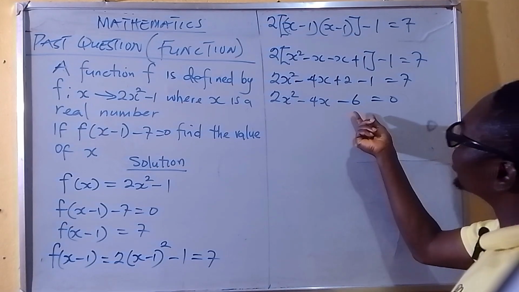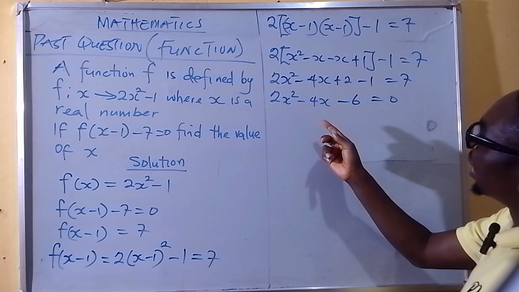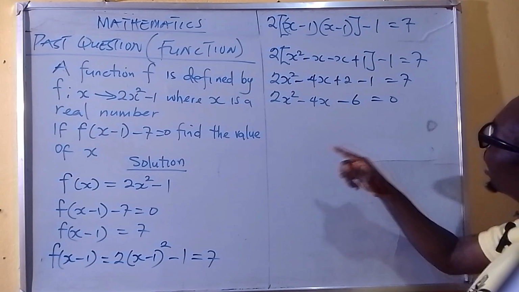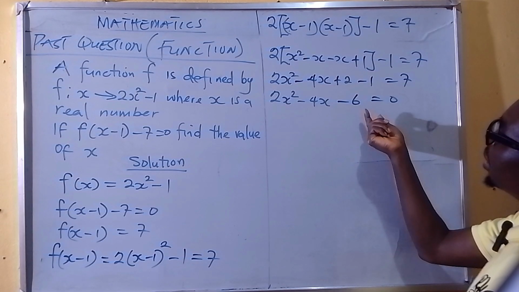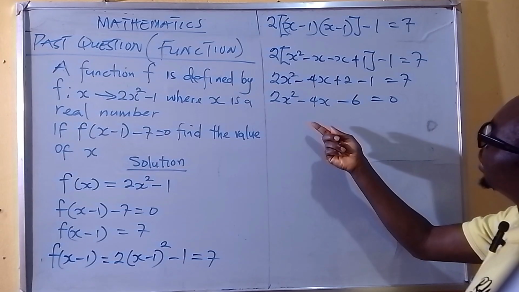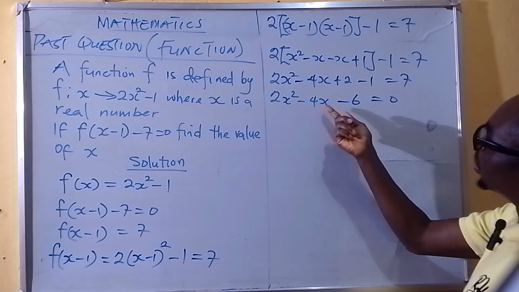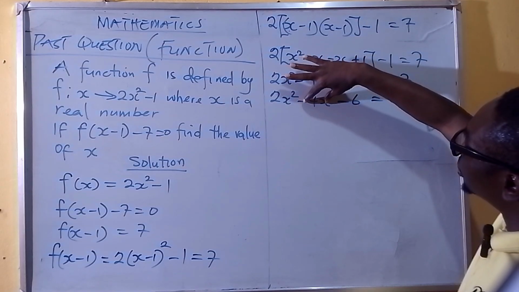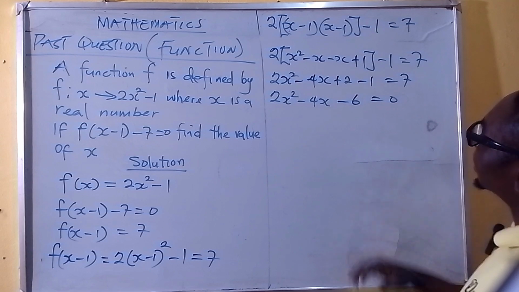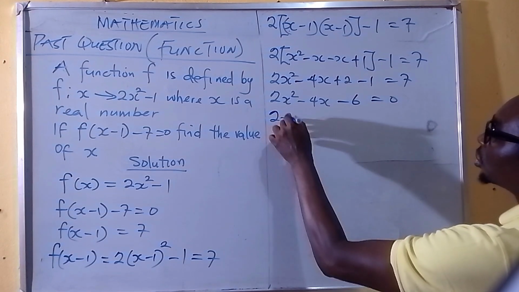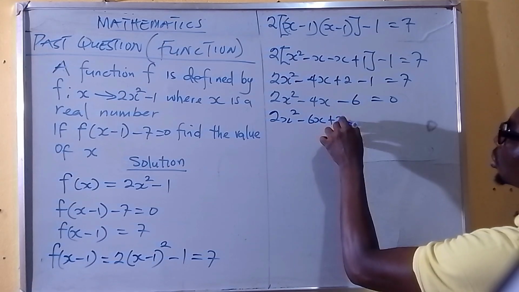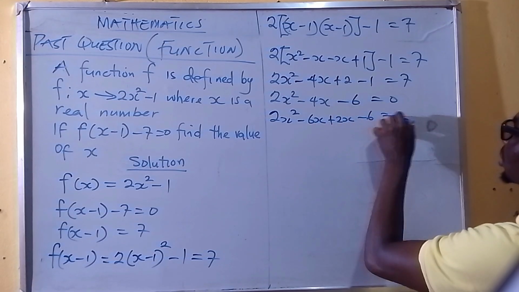So those numbers are minus 6 and 2, because minus 6 times 2 will give me minus 12, and minus 6 plus 2 will give me minus 4. So we'll split the middle term of this quadratic expression. So we have 2x squared minus 6x plus 2x minus 6 is equal to 0.